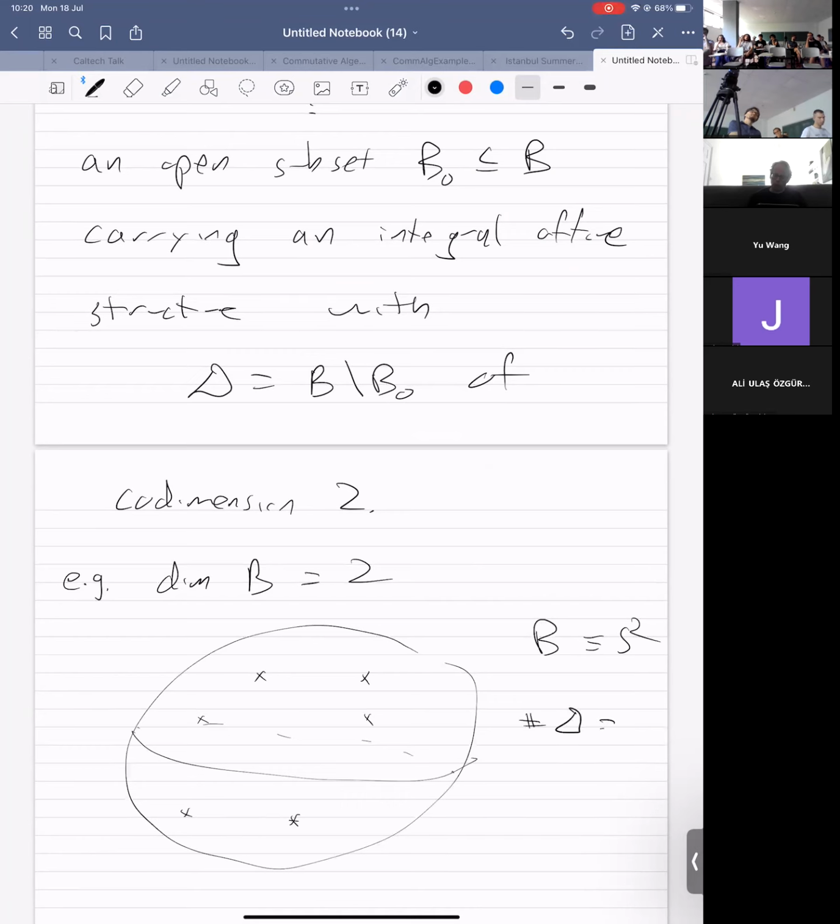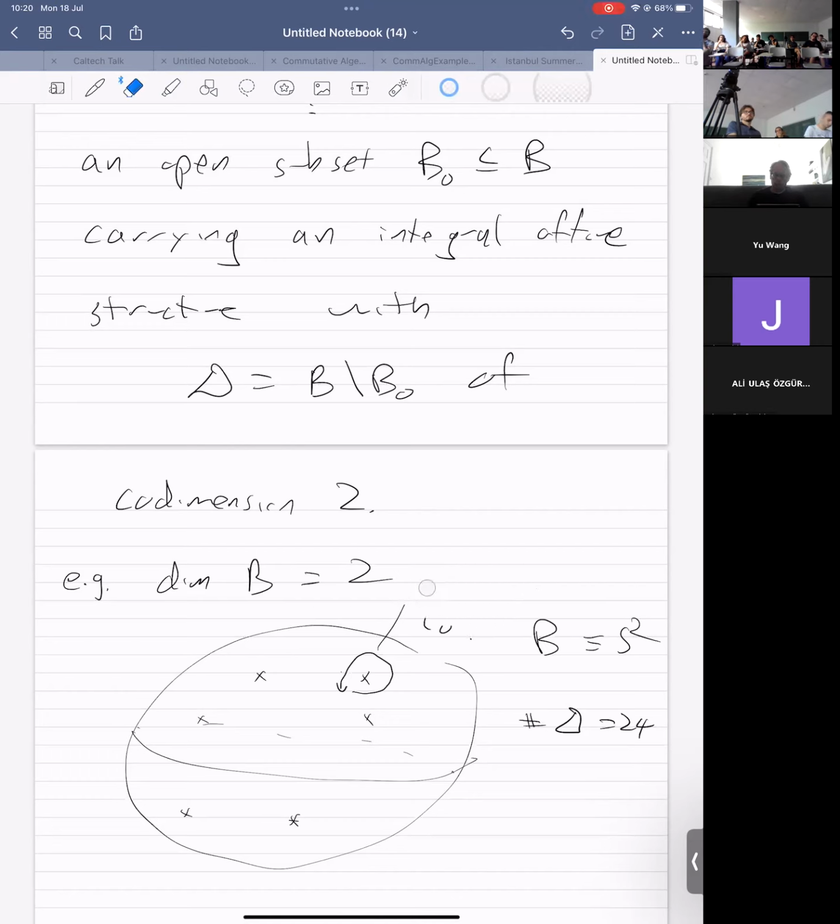The number of points of delta is 24, and such that the monodromy of the torus bundle that you construct, or this can also be detected inside the affine structure, is of the form 1, 1, 0, 1. So that's the monodromy. Think of the torus bundle, or think of lambda, monodromy in lambda. That's the best way to say this.